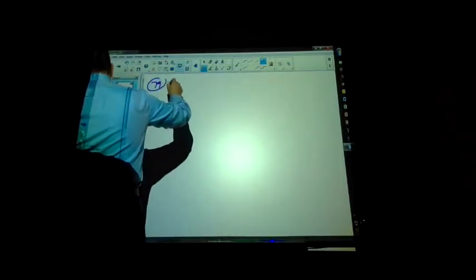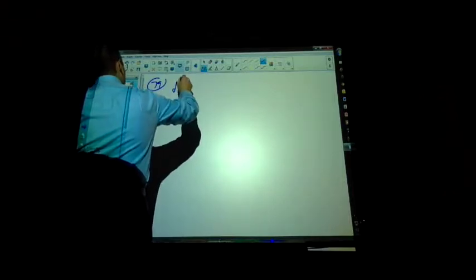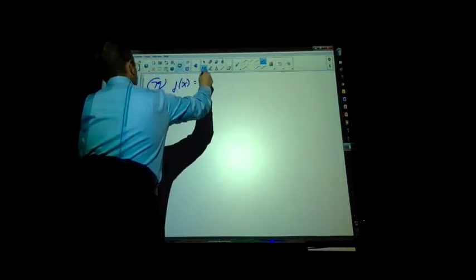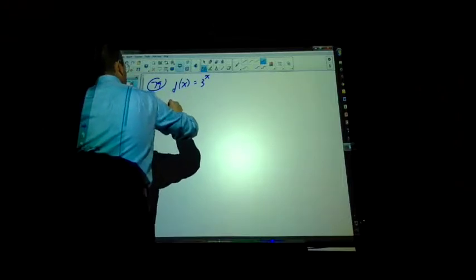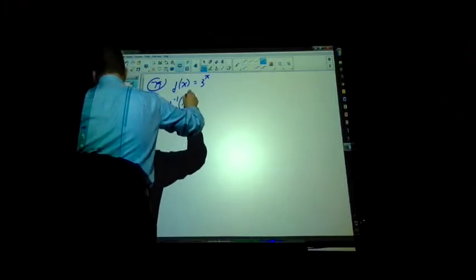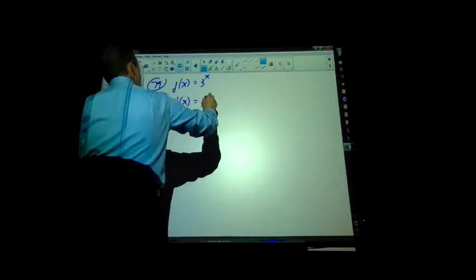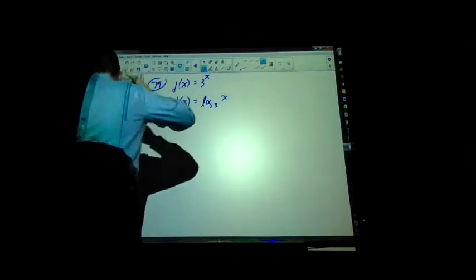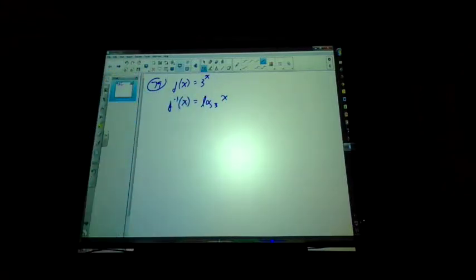We're talking about graphing these. The function f of x is equal to 3 raised to the x. And then the inverse, which is log base 3 of x.